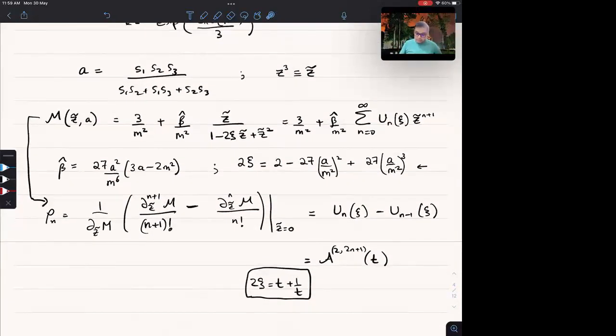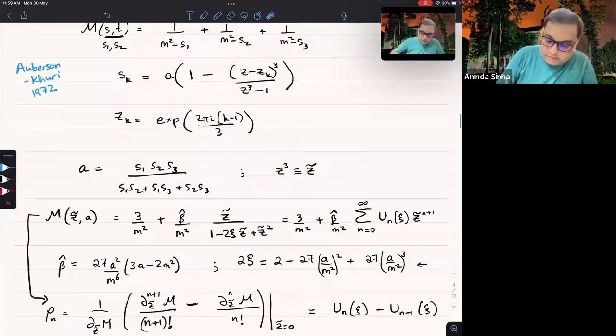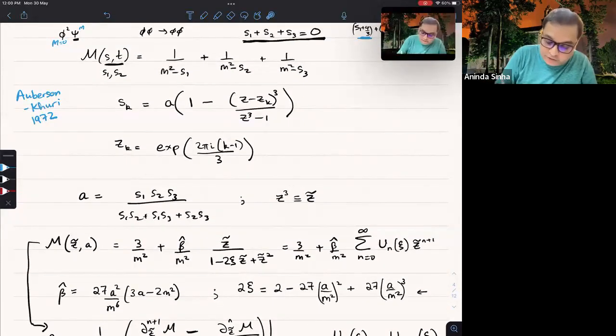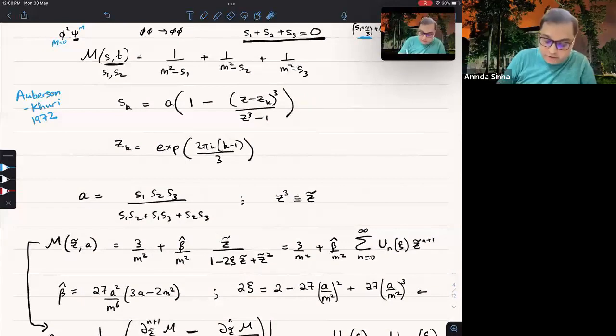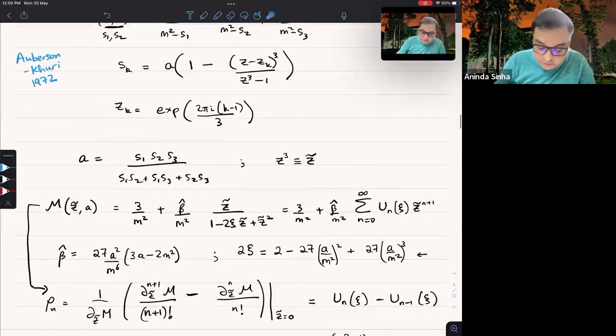I'm a bit confused with your variables. Your z tilde was z cube. Yes. But what was z to begin with? Oh, okay. So I parameterize the Mandelstam variables this way. The reason I parameterize it this way is that when I do a fully crossing symmetric dispersion relation, I want to hold a crossing symmetric combination fixed. One way to do it is to hold S1, S2, S3 divided by this.